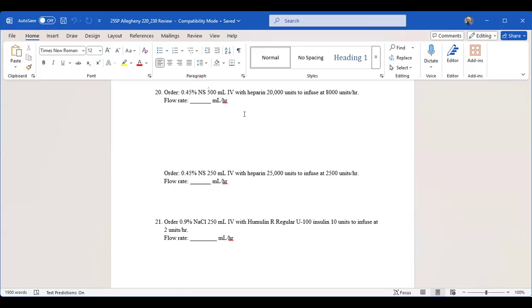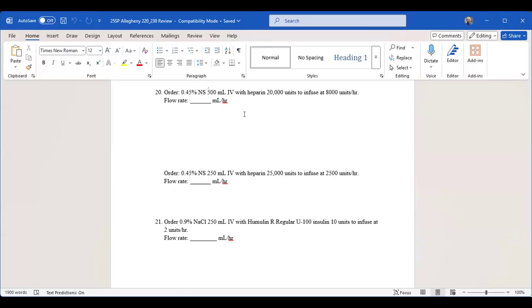Then there are practice questions on the shared OneDrive folder, in the Allegheny and then the 220, 230 folder. The 25 spring is still the most up to date as of now. There might be changes, but I don't think those changes will be in effect for your test next week. But everything we do here should get you prepped and ready to go.